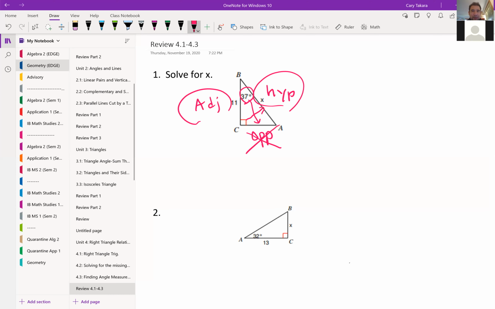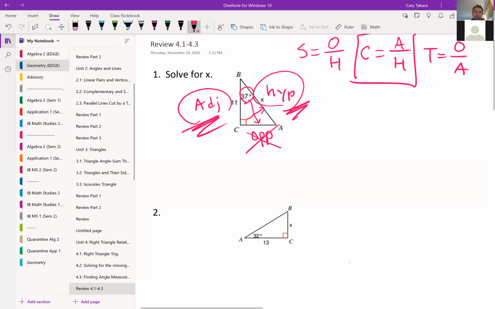How do you spell SOHCAHTOA? The one that involves adjacent and hypotenuse is cosine, isn't it? It has to be cosine.